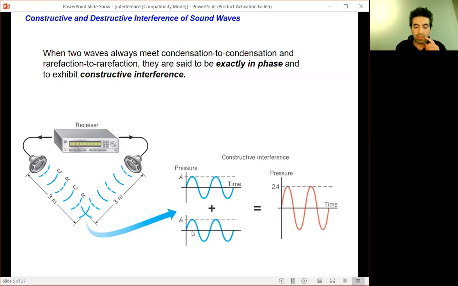So at the same time, the trough comes with the trough and the crest comes with the crest. So see, the crest is lined up here, the trough is lined up here. So you're standing at one of those special places, in which case the two waves are going to add up together, and you're going to hear a wave that has twice the amplitude. Yeah? Because you're standing at a location in which something happens that we call constructive interference.